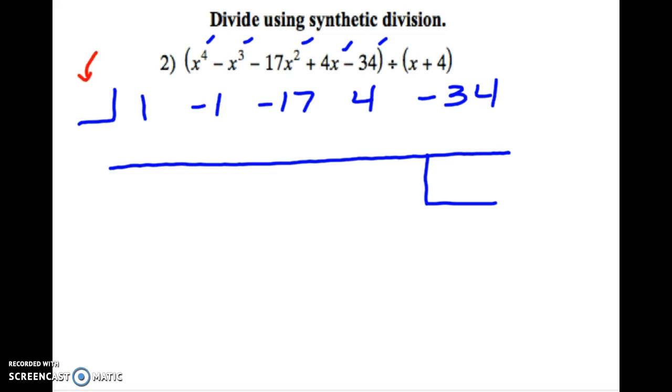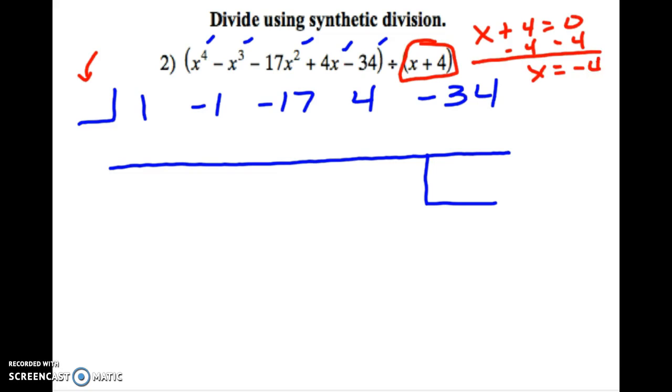Remember, the number in the little box to the left is whatever makes what you were dividing by equal 0. So in this case, we should be going with -4.